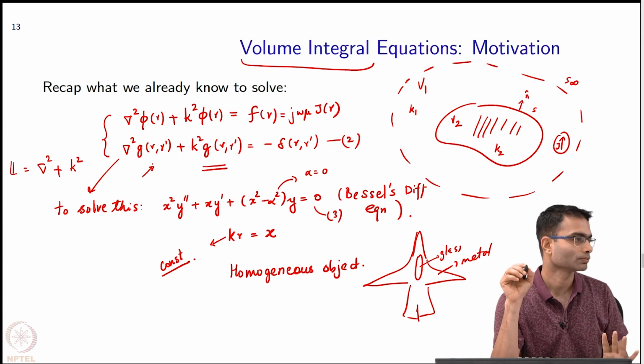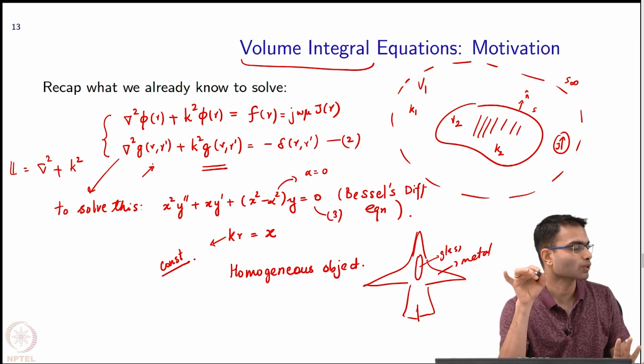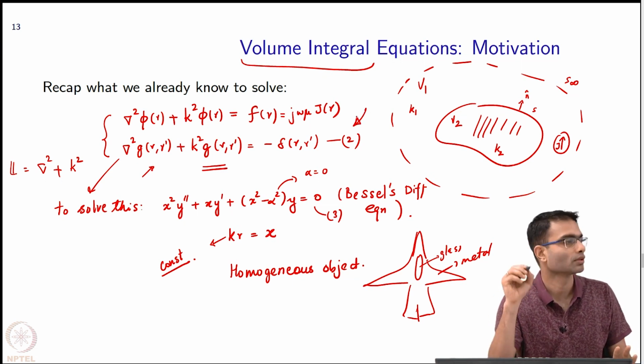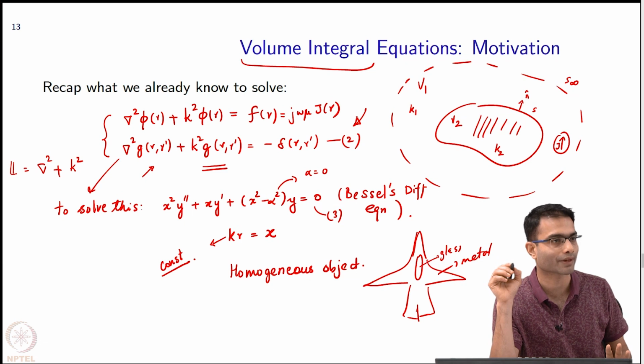That is our problem. I am not saying it's not possible to find it. There will not be a closed form solution, there will be a numerical solution. So we want to avoid that as much as possible and use what we already know, and what we already know is a homogeneous Green's function. So the question is, can I still use that somehow and get some accurate way of calculating it?